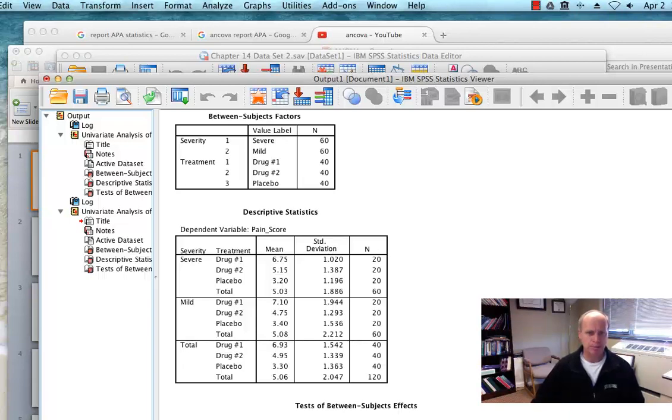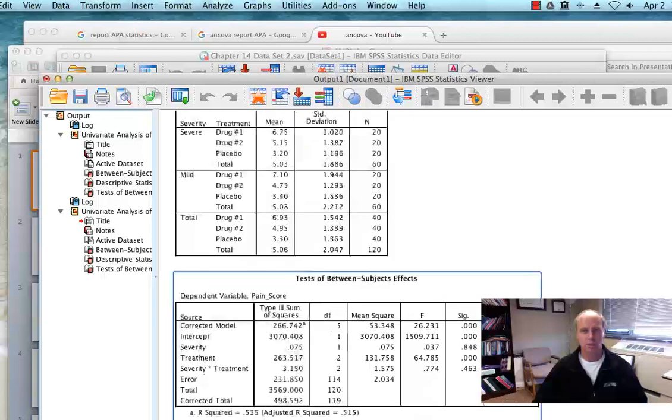So for example, I'm noticing some pretty big differences between placebo and the other drugs. So I'm thinking maybe I'll expect to find statistical significance on treatment. But when I look at severe versus mild, the numbers don't look so much different to me. So I'm thinking like that and trying to get the interpretation before I actually look at the more official results.